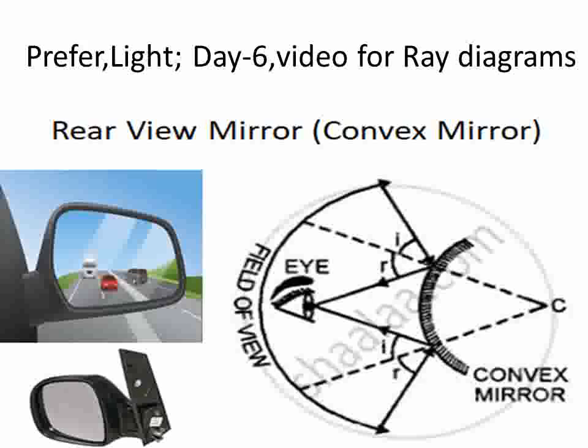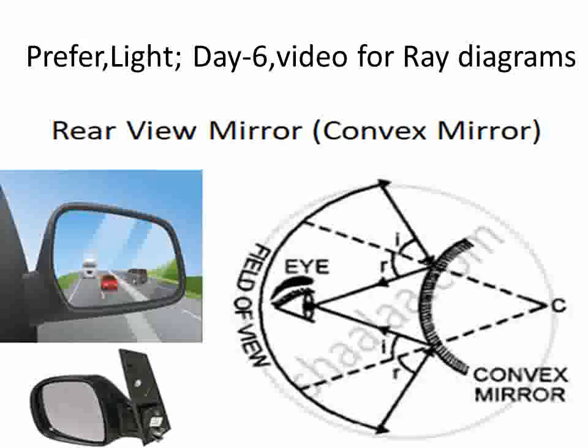Then it makes an angle I, the angle of incidence, with the normal passing through the center of curvature, that is the dotted line. I is equal to R, the angle of incidence becomes equal to the angle of reflection according to the laws of reflection, and this ray of light arrives in the eye of the driver sitting in the vehicle.